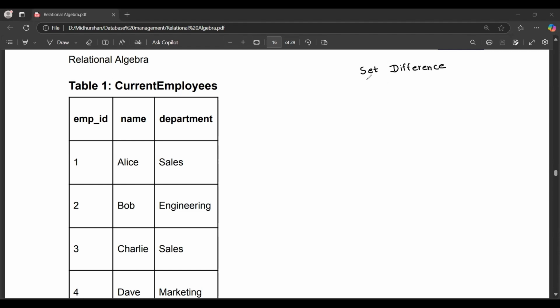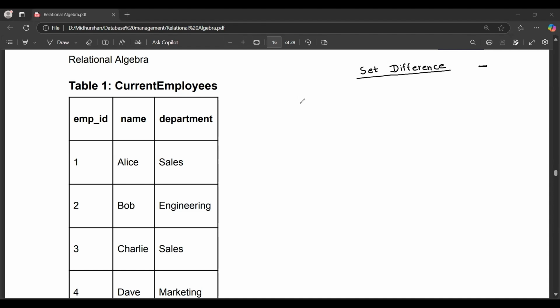So we have set difference. We know the notation for set difference is the subtract symbol. So how is this useful? Well, this operation completes a specific function.